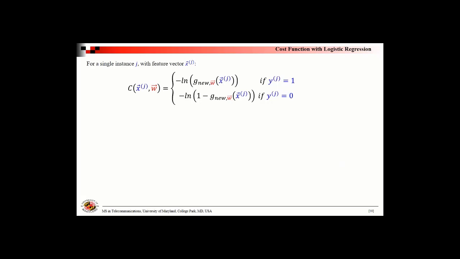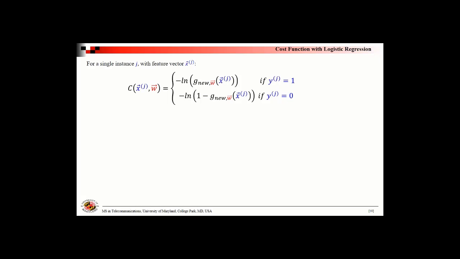Let's talk about the cost function now. Let's say we have a single instance, a single example email J, and its feature vector is going to be the vector X with the J superscript. That indicates that this feature vector is associated to that instance.